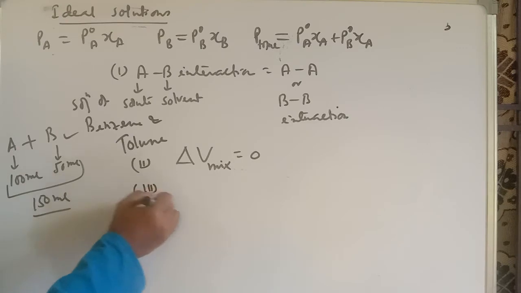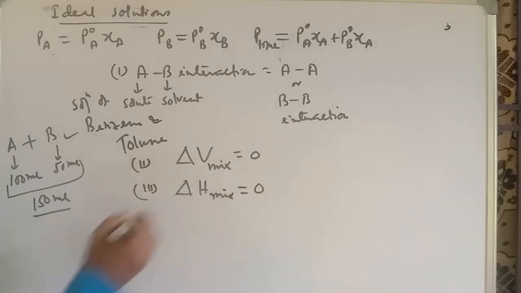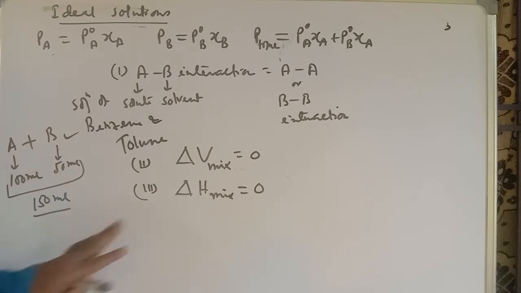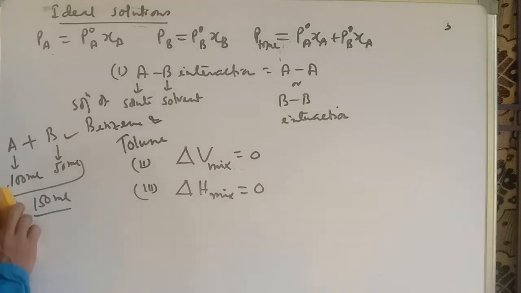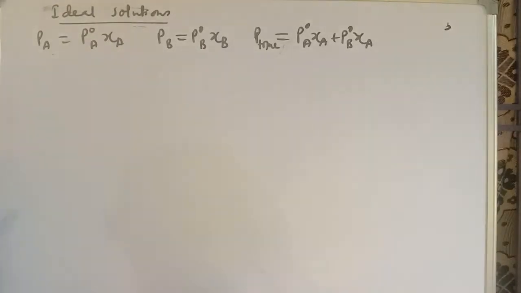Number 3, delta H mix equals 0. Delta H mix is the enthalpy, that is, due to this mixing, no heat should be evolved or absorbed. So these are the conditions for ideal solutions. We can draw a diagram for this ideal solution. So remember, by definition, ideal solutions are those solutions which obey Raoult's law.